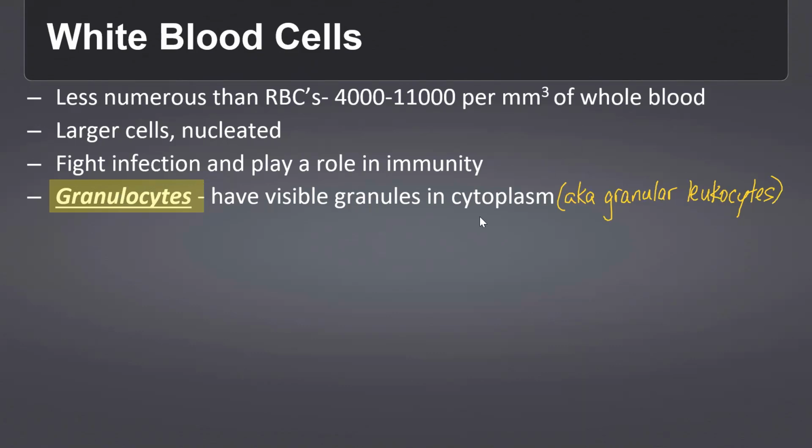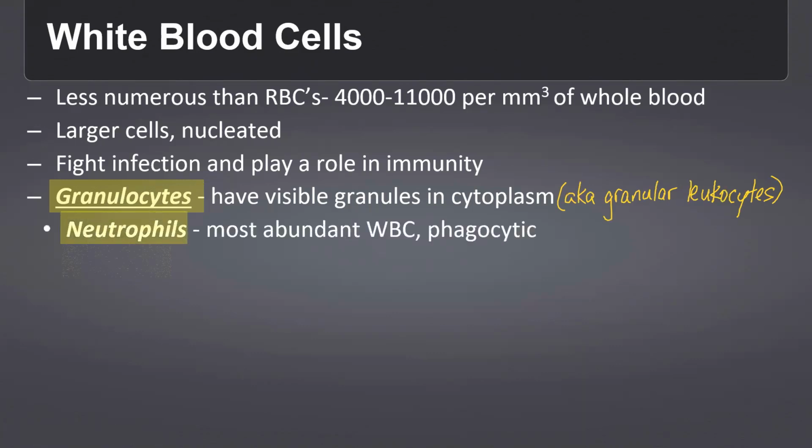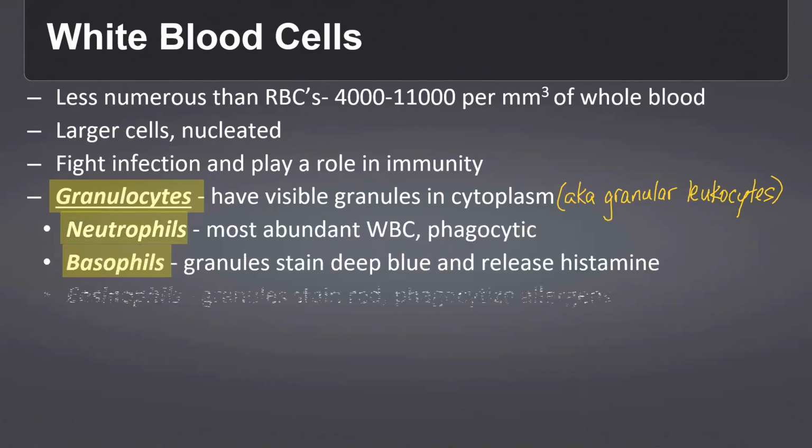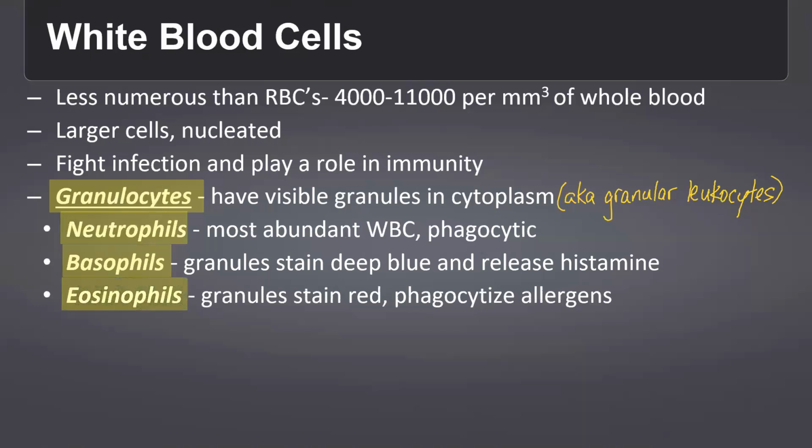And there are three types of granular leukocytes or granulocytes. They are neutrophils, basophils, and eosinophils. I'll give you a little bit of time there to copy those down before I explain them.